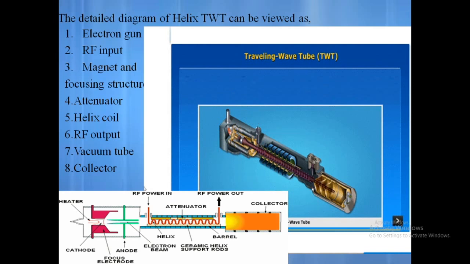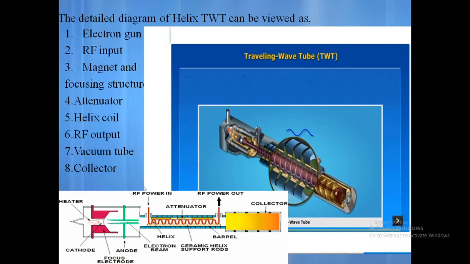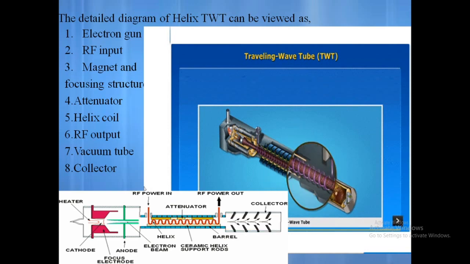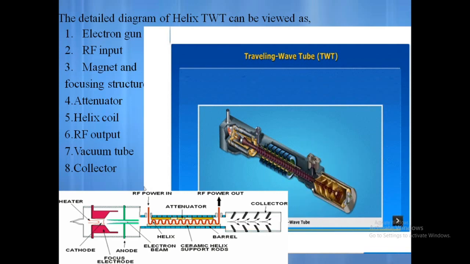Let us see the function of each component present in the diagram. First of all, the electron gun. The main purpose of the electron gun is to emit a high electron beam from cathode to anode. The second one is RF input. Here the RF input provides the RF signal, meaning the radio frequency signal.